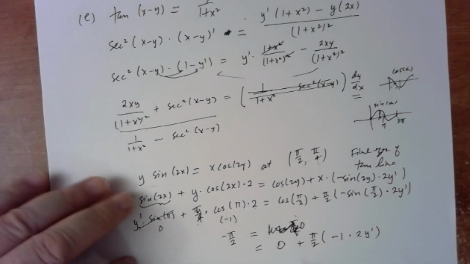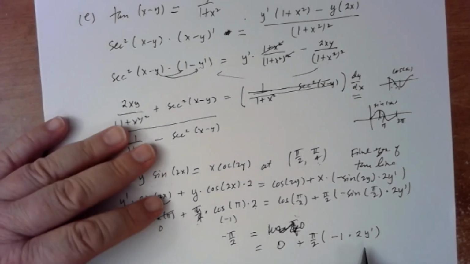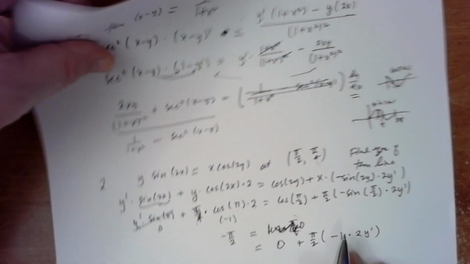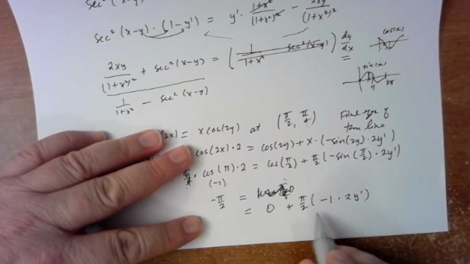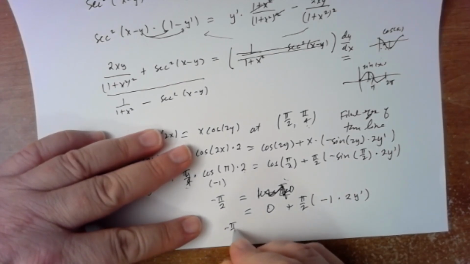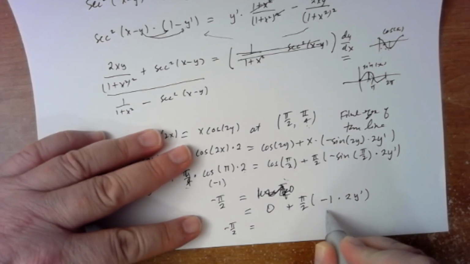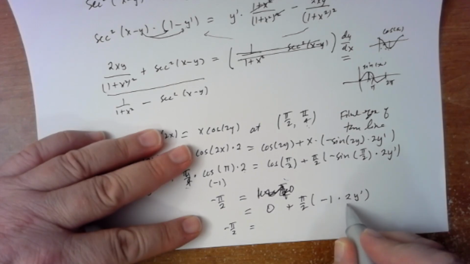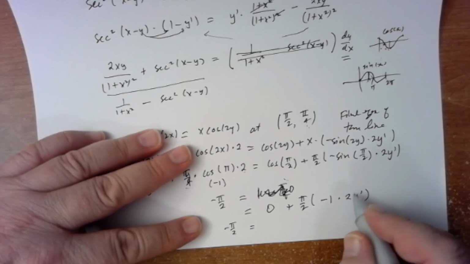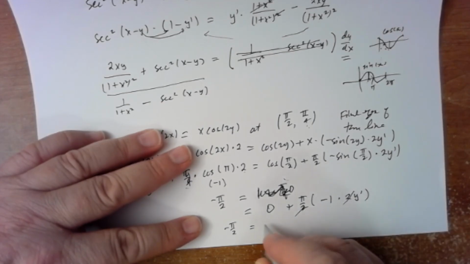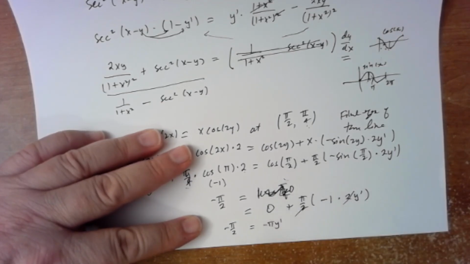Good. So can we solve this for our y prime now? Get close to the bottom of the page there. So minus pi over 2 is equal to, let's see, minus the 2's cancel here, minus pi times y prime, right?